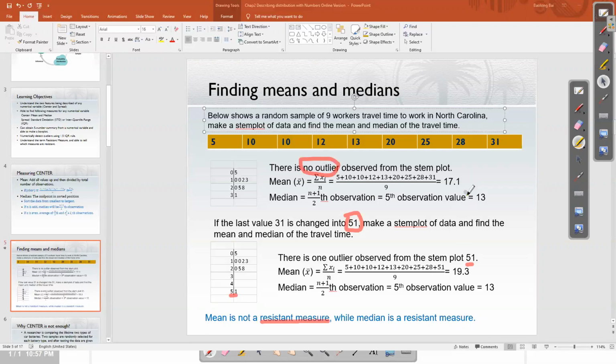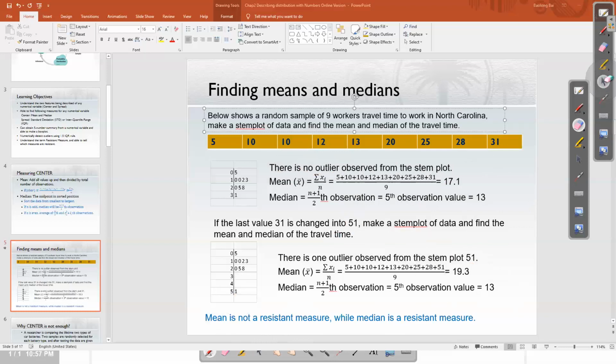So when you look at the mean and median, which one is resistant to the outlier effect? It's clear that when you introduce the outlier here, the median is not affected. The median is 13, right? Before and after you introduce the outlier, but the mean got affected, right? So the mean is not resistant and the median is resistant.